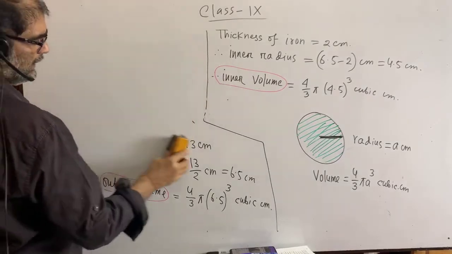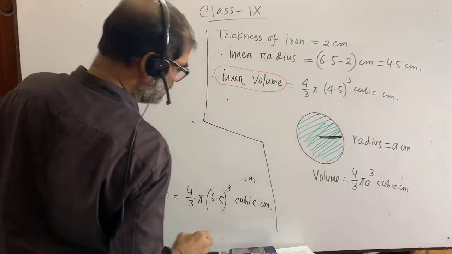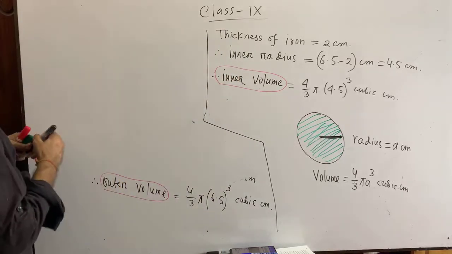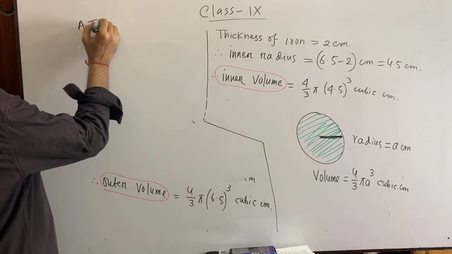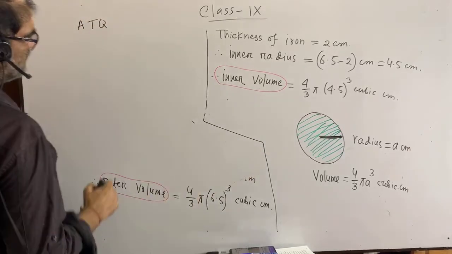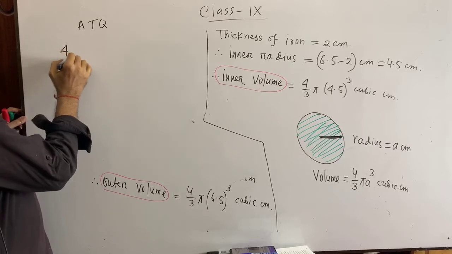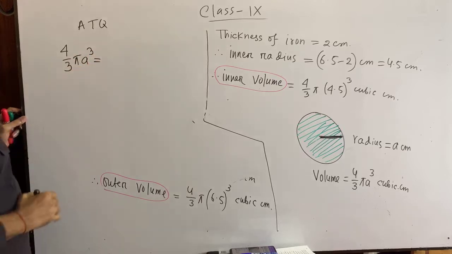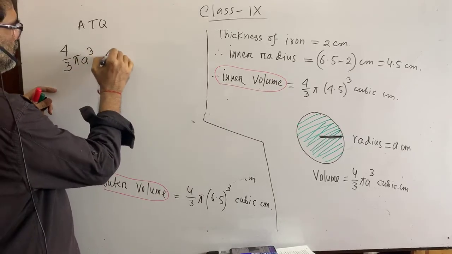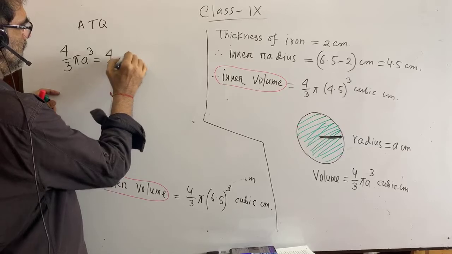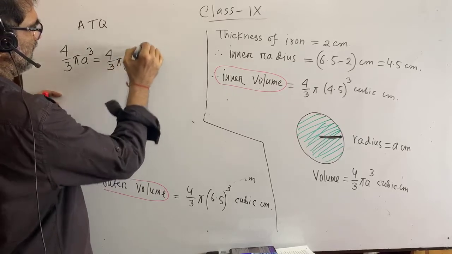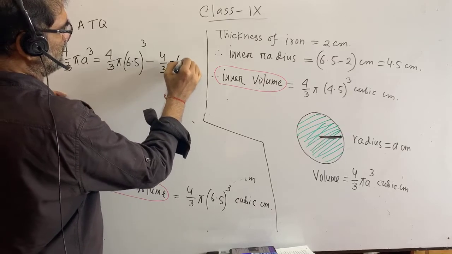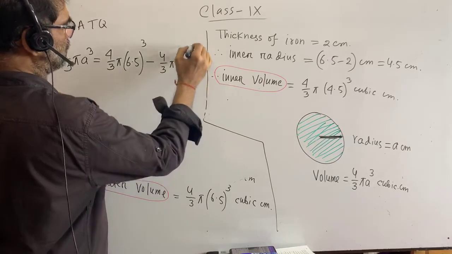We can write down according to the question, 4 by 3 pi a cube is equal to 4 by 3 pi 6.5 whole cube minus 4 by 3 pi 4.5 whole cube.